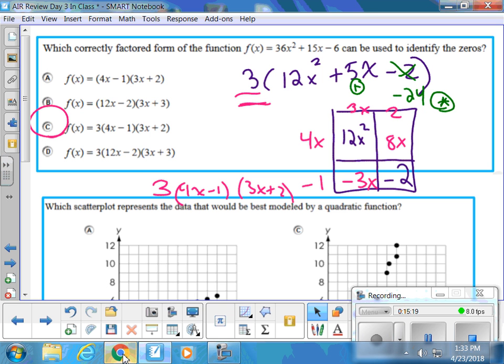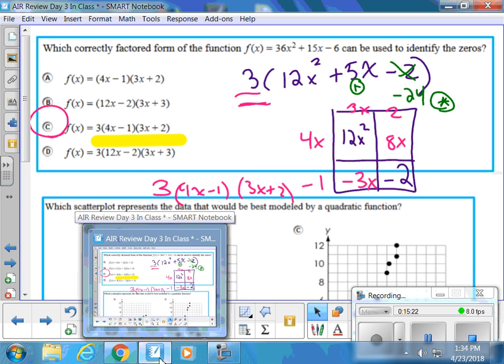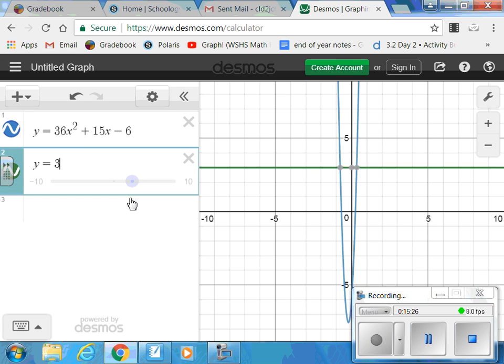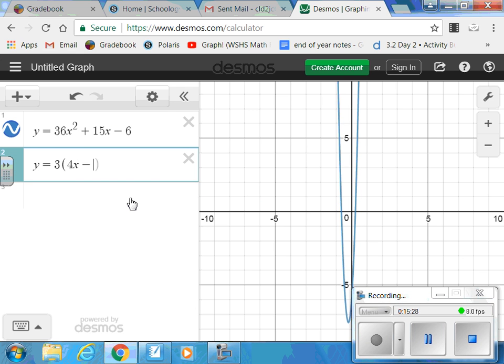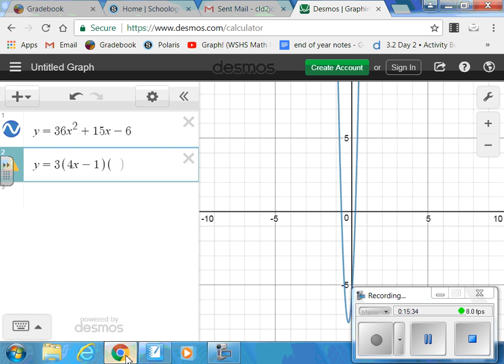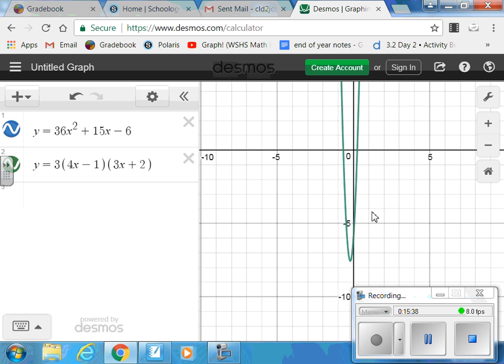So like I'm just going to go to choice C because I think that's the choice it is. 3 times 4x minus 1 with 3x plus 2. But see how they graph right on top of each other? Because they're the same exact line. That's a good way to verify, yes, C is the same exact parabola. That would be okay.